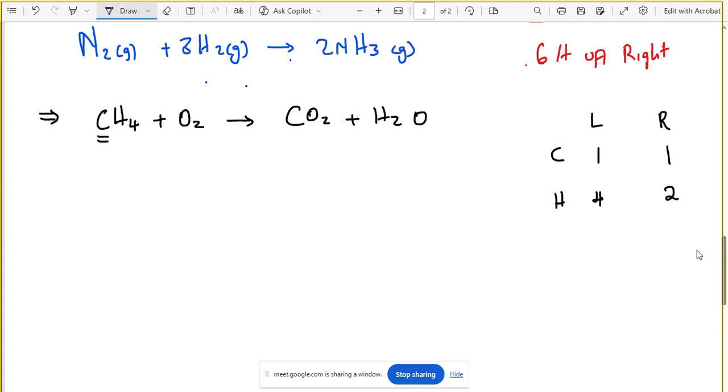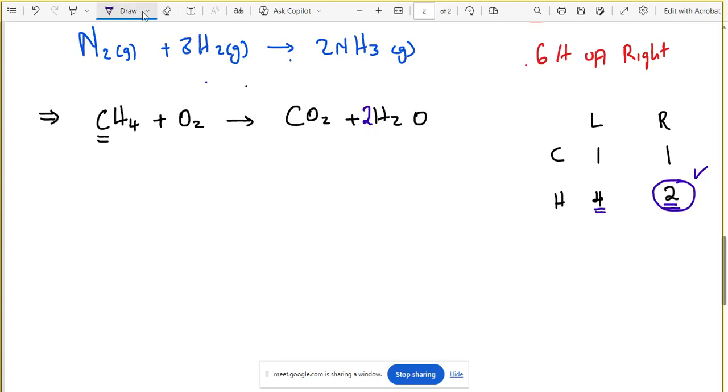Listen, we have 2 on the right and 4 on the left. How can we get 4 on the right? Times by 2. Exactly. You're going to put 2 in front of that H2O. You understand? So now we have 4 on both sides. Now it's balanced.